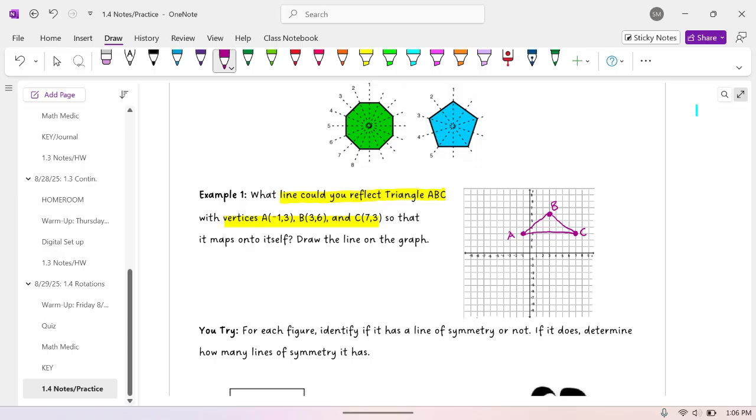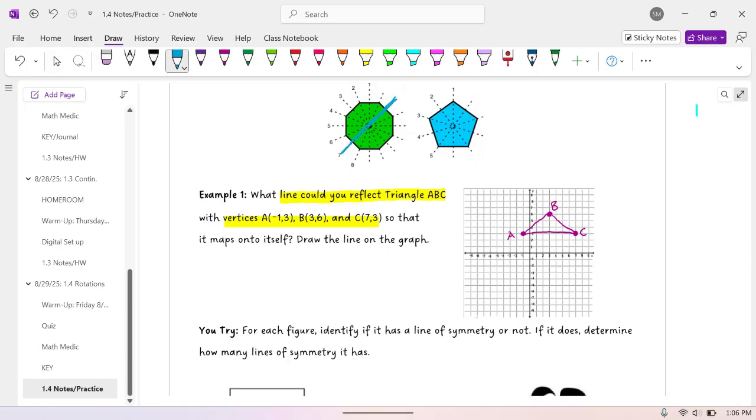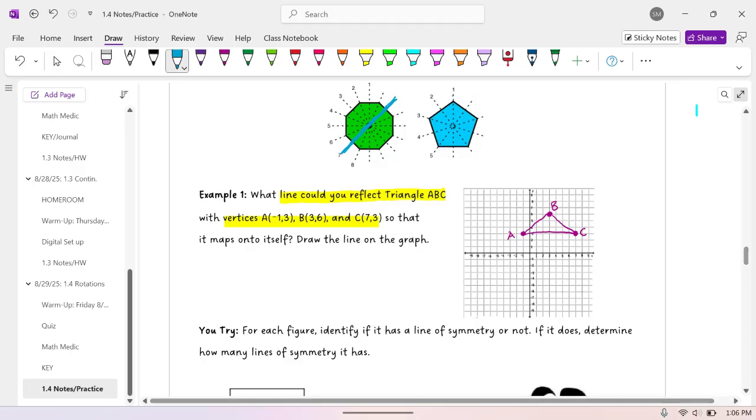What that means is that we essentially want to cut the shape into equal pieces in half. That's where our line of symmetry wants to be. Because when we look up at the top, if I take one of these lines of symmetry for the octagon, it would cut it in half perfectly. Same thing for the pentagon. It would cut it in half perfectly. So that's what we need to find.